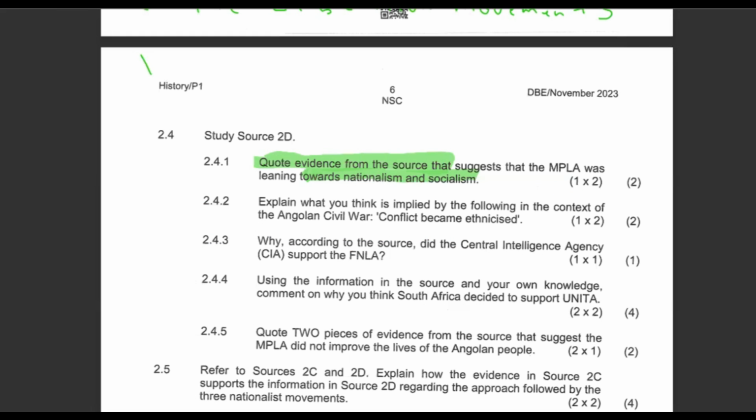Now let's transfer that answer to our question paper. The MPLA viewed politics from nationalistic and socialist lenses.